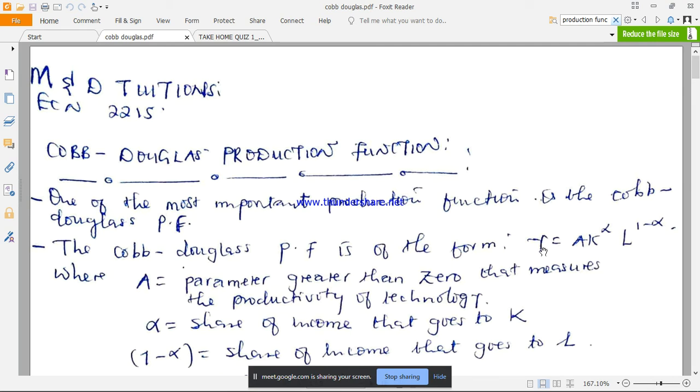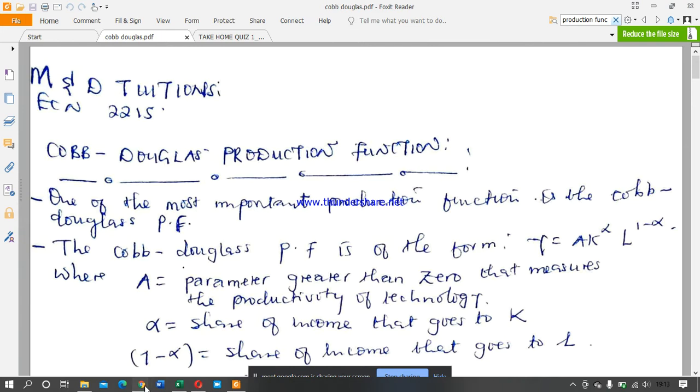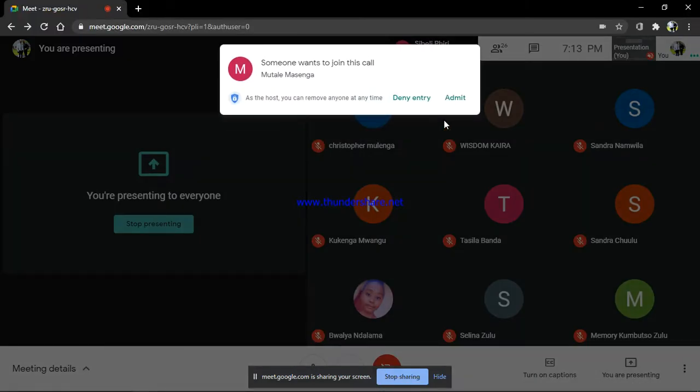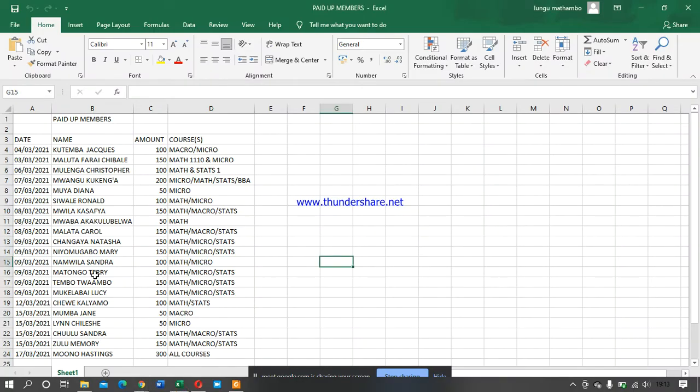Y represents the level of output, A represents the level of technology, K is capital, L is labor. Alpha shows us the proportion of income that is paid to capital. 1 less alpha shows us the proportion of income paid to labor. So that's the interpretation of the Cobb-Douglas production function.